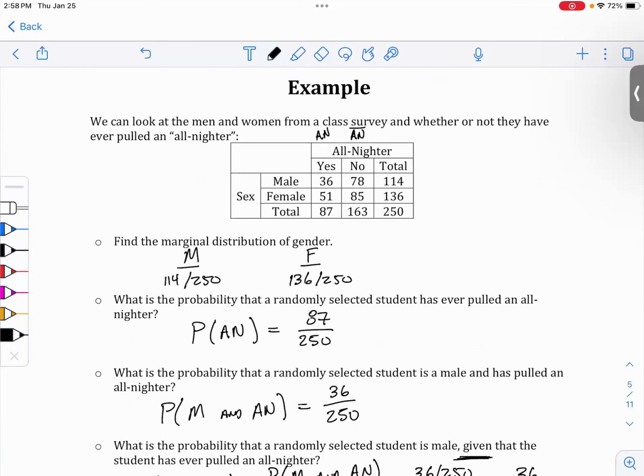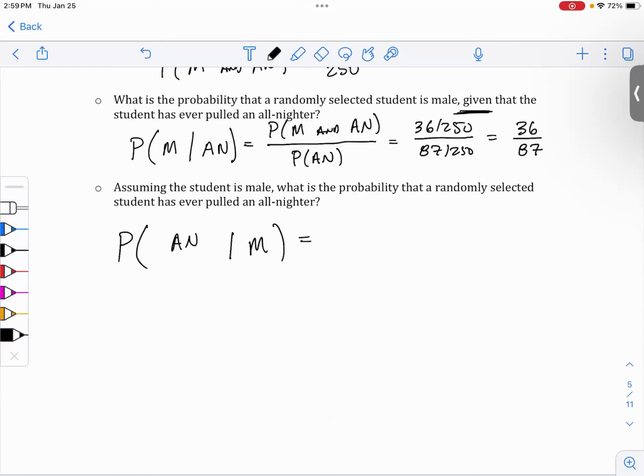So given the student is male, how many males were there? How many? 114. 114 males, right? You're on the second part already. Now, of those 114, how many pulled an all-nighter? 36. And so that one, I can say 36 out of 114.